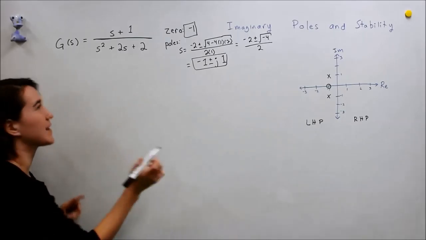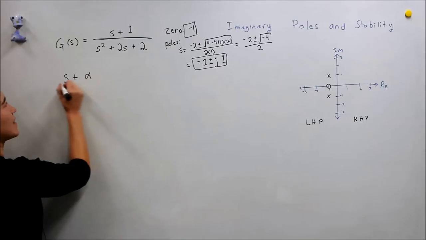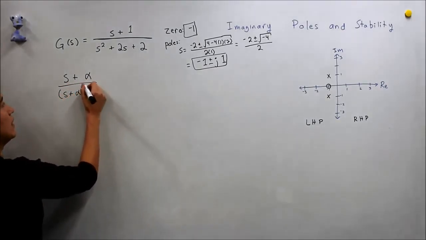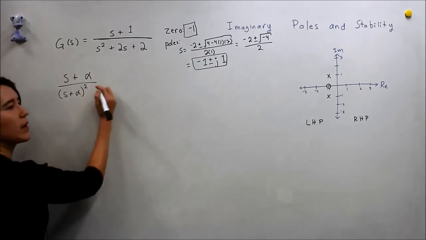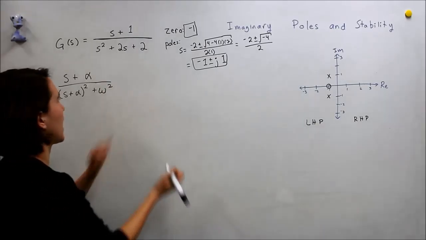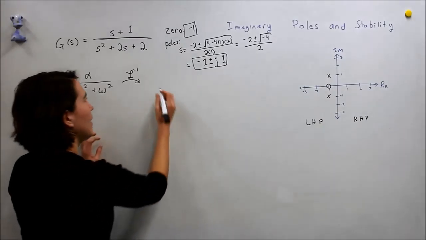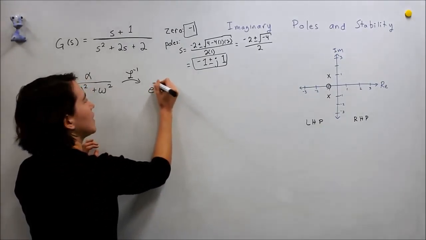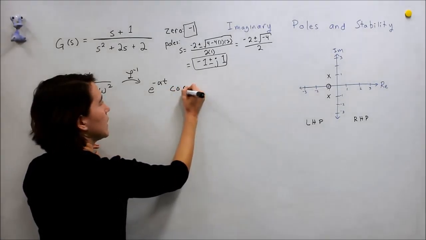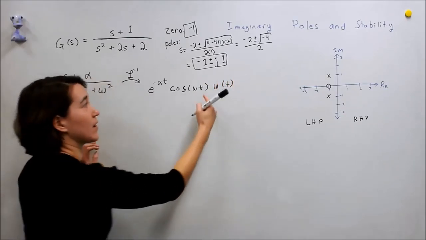So if we look up in a table, we will see that if we know a transfer function that looks like this, so s plus alpha over s plus alpha squared plus omega squared in the denominator, we can take the inverse Laplace of this, and we will get an expression e to the negative alpha t times cosine of omega t times u of t, where this is our unit step.